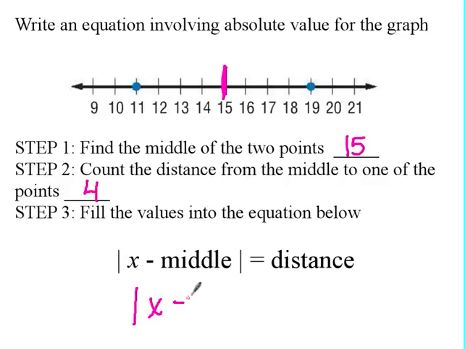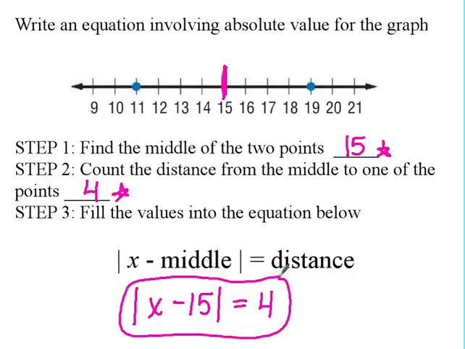Okay, x minus 15 equals, what's my distance? 4. So I'm going to have to use these 2 numbers up here. Okay, you've got to use those 2 numbers up there. That's why the steps, if you write them down, they're a lot easier because they basically tell you what your equation is going to be.